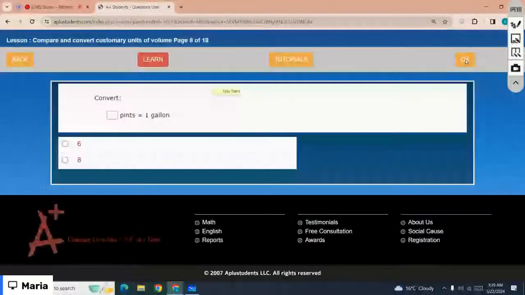One gallon equals 8 pints. The correct option is 8.